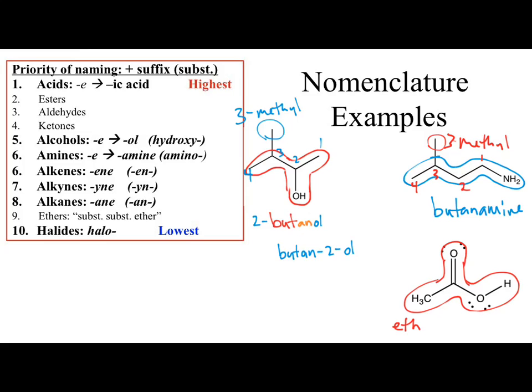Do I have any double bonds outside of the carboxylic acid functional group? No. So we're looking at eth-an-e, and if we change our ending to our ic acid, we get ethanic acid. There's an O in there. There is, yeah. There's absolutely an O in there. Ethanoic acid.